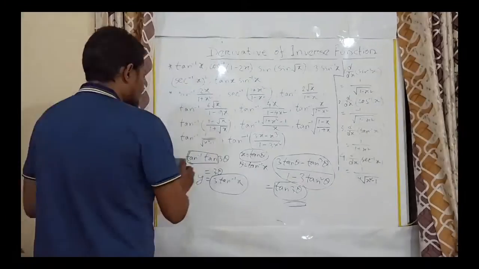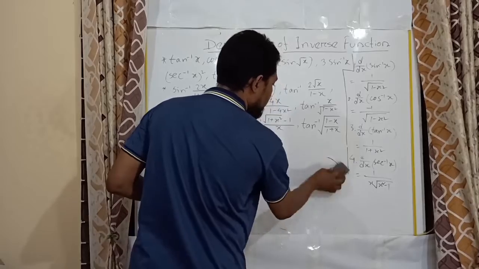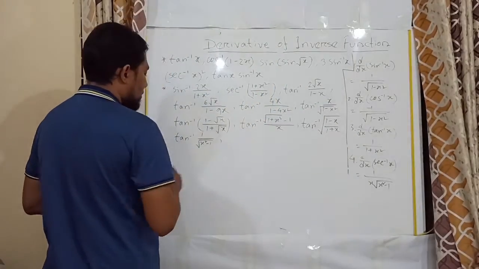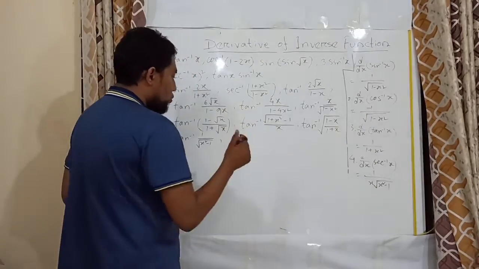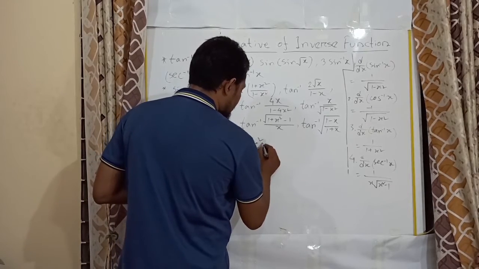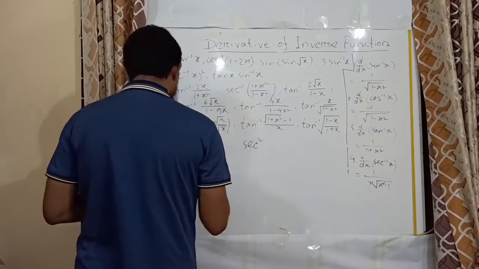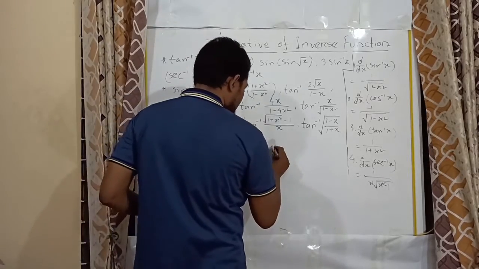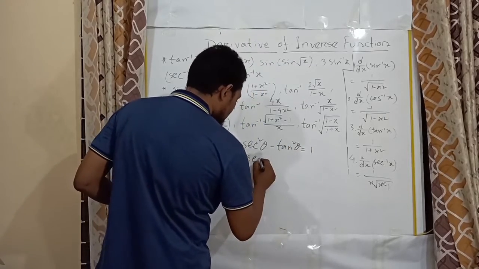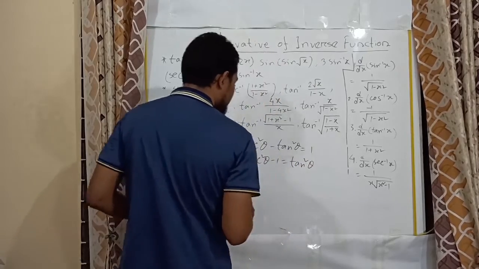So now I'm going to do another. Now for tan inverse of 1 by root over x square minus 1, we know a formula in trigonometry: sec square theta minus tan square theta equal to 1, then sec square theta minus 1 equal to tan square theta.